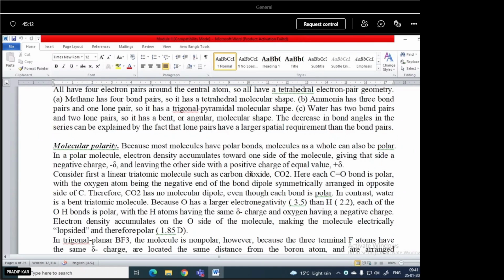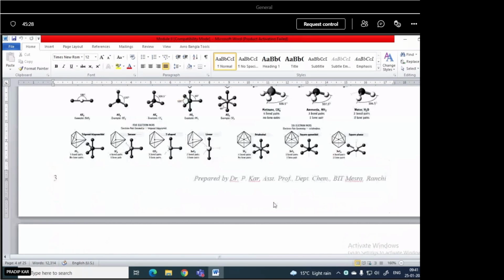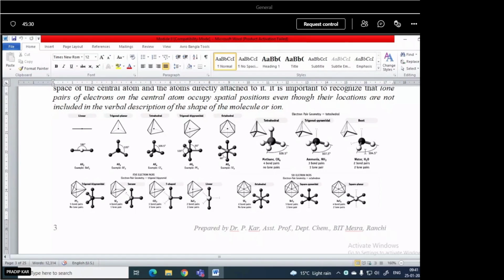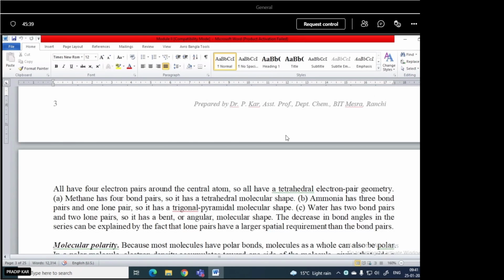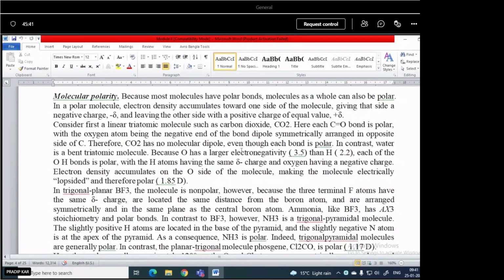So it should be non-polar in nature, which we can explain by VSEPR theory. In case of H2O, here an angle is present, and oxygen has more electronegativity than hydrogen. So the addition occurs for the OH bonds, giving a particular polarity of 1.85 D.